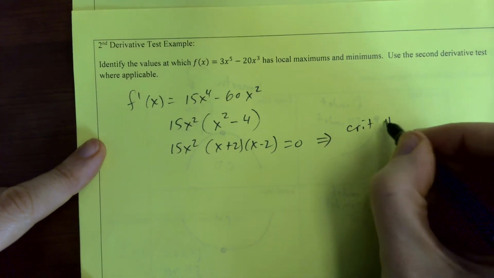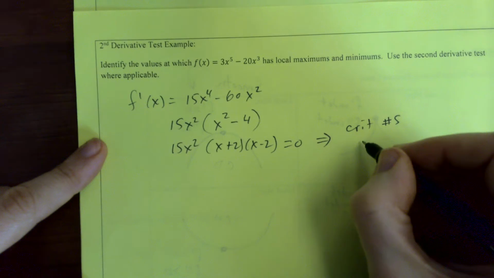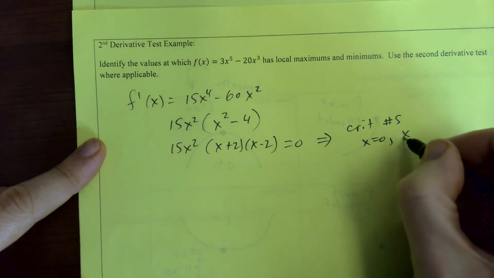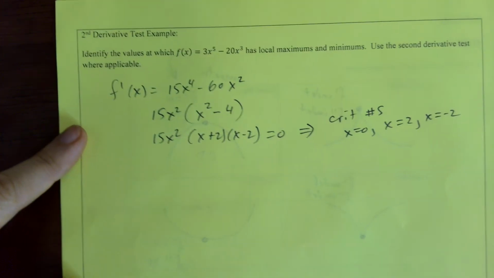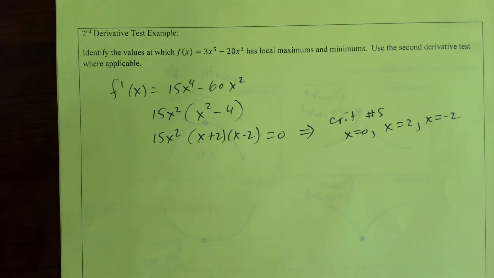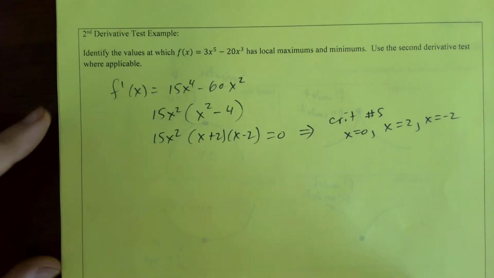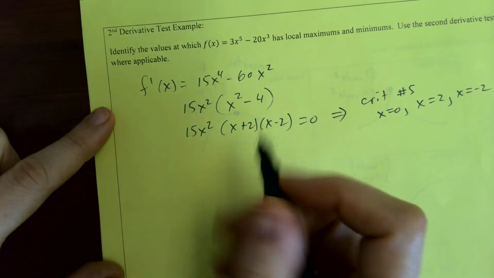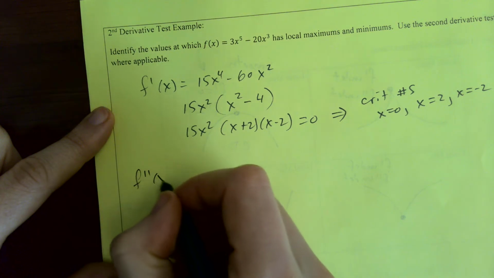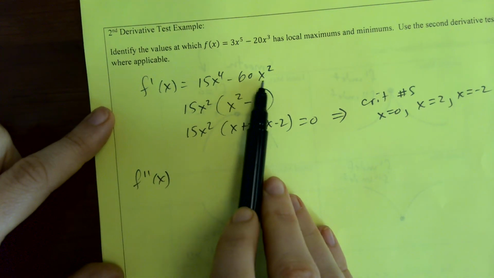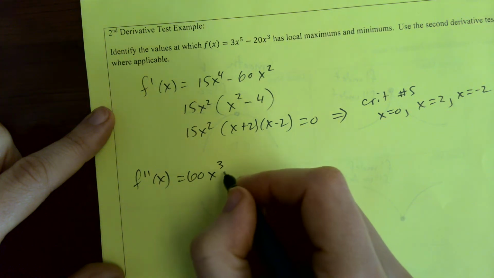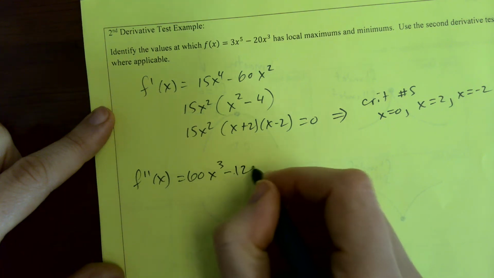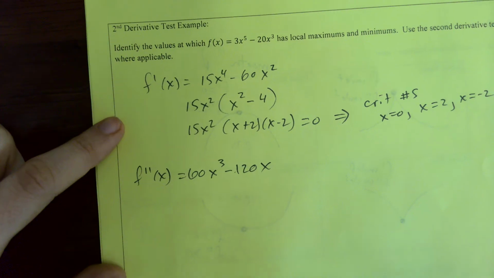Then the critical numbers are x equals 0, x equals 2, x equals negative 2. Okay. Then you take the critical numbers and you put them into the second derivative. So now I take the second derivative, f double prime of x, and you go back up to this one, equals 60x to the third minus 120x.